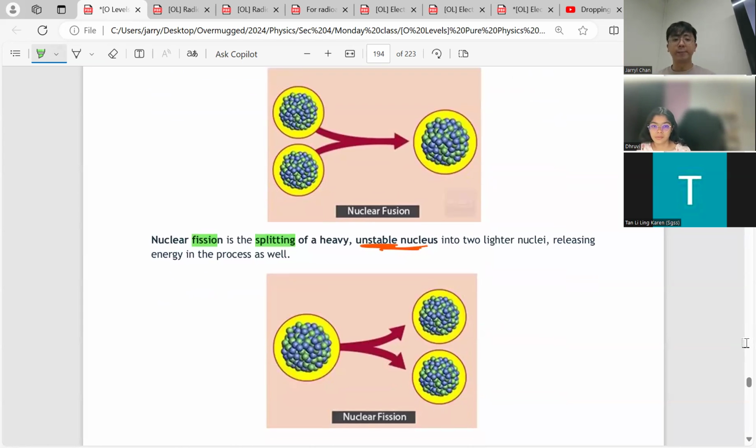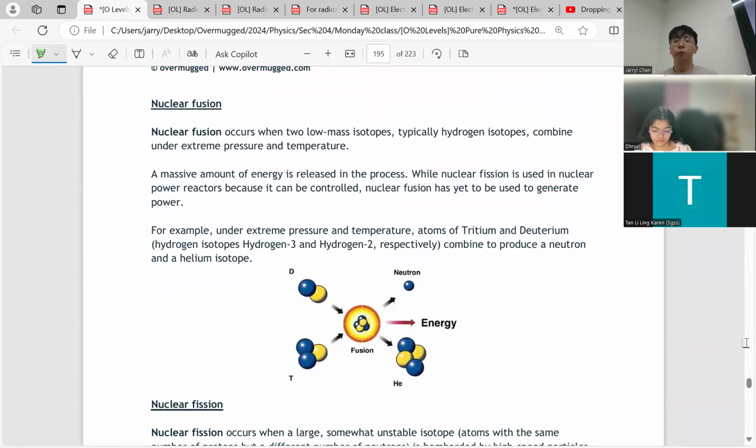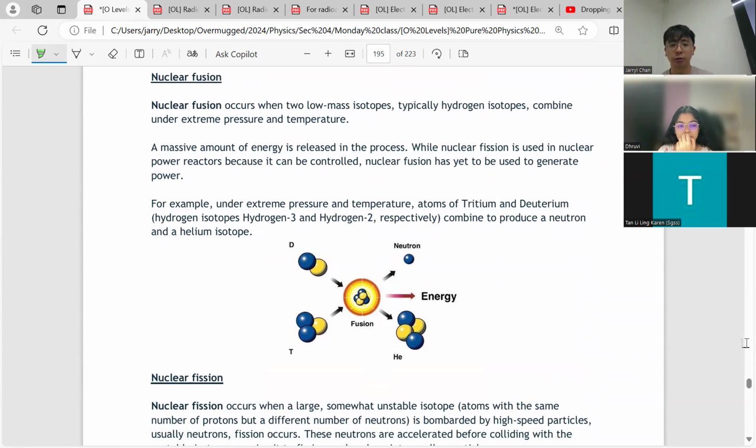Okay, for nuclear fission, there's something that I need you to know to link it to nuclear chain reactions.